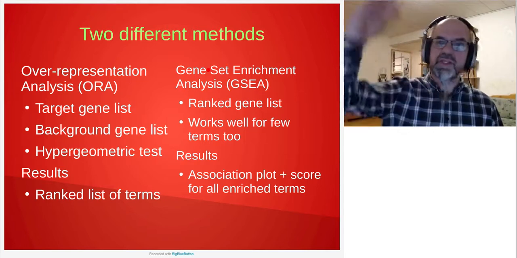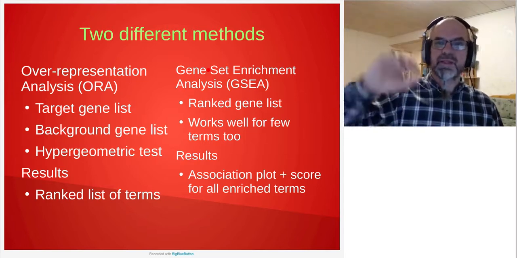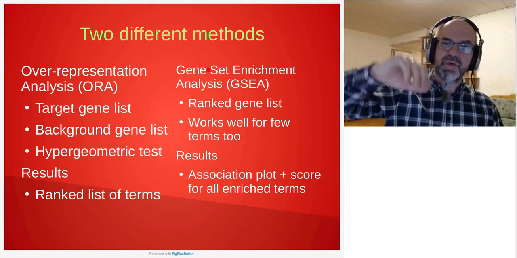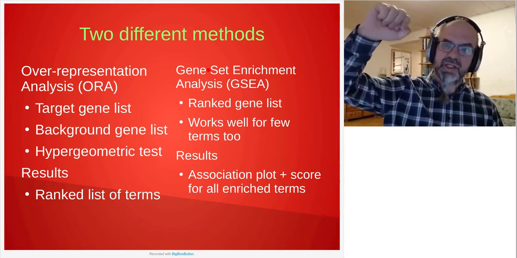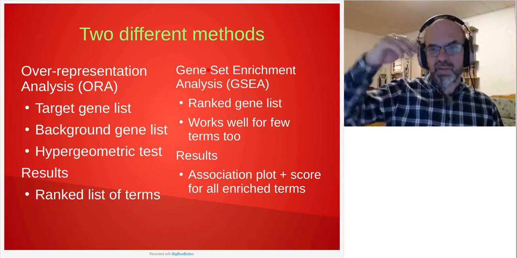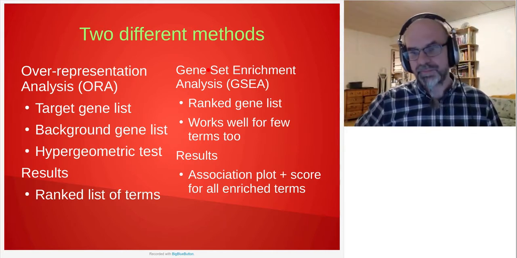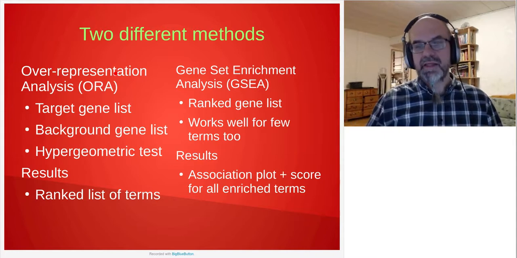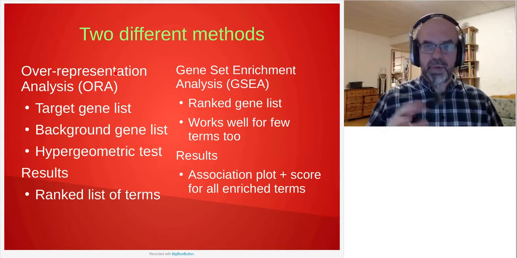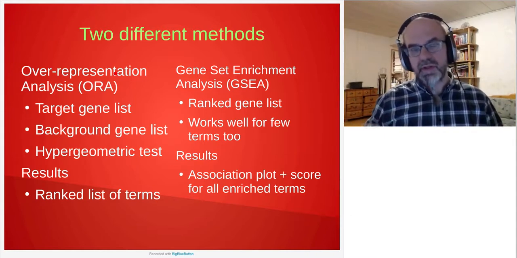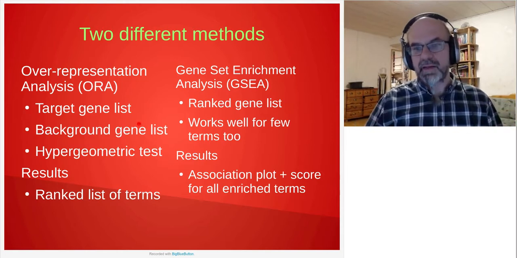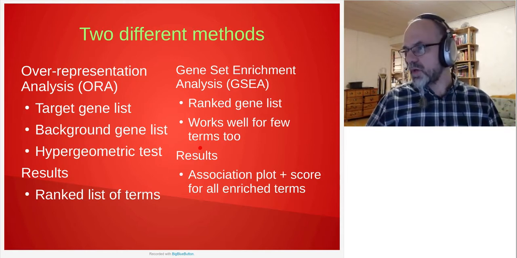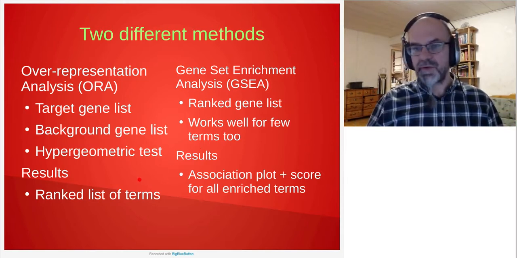You have a list of genes and you just order based on that. On the top of the list you have the most upregulated genes, and on the bottom of the list you have the most downregulated genes.